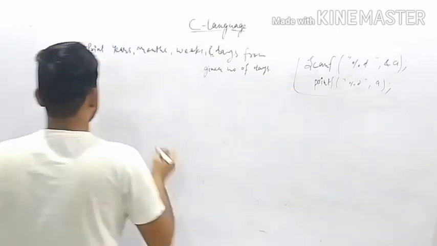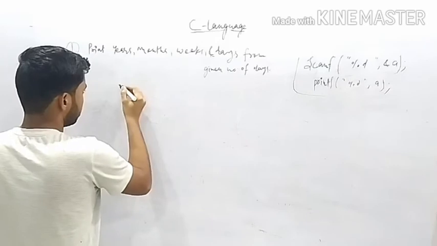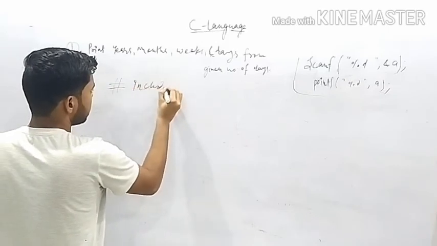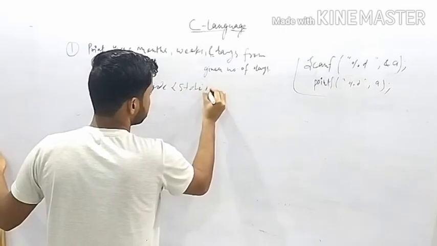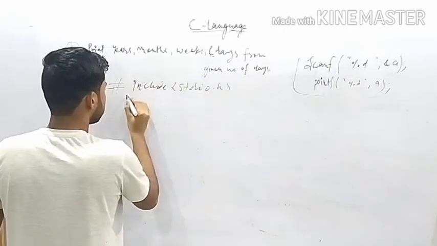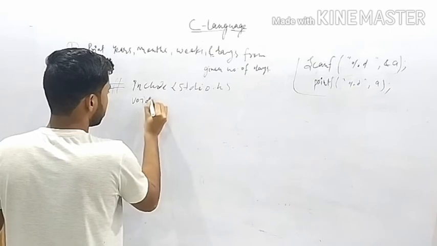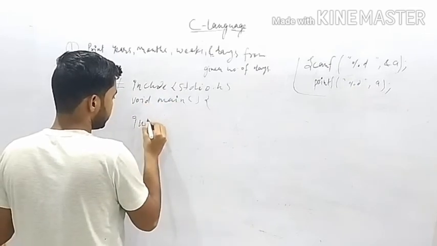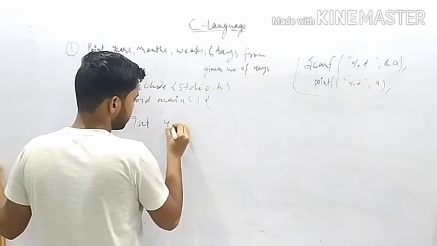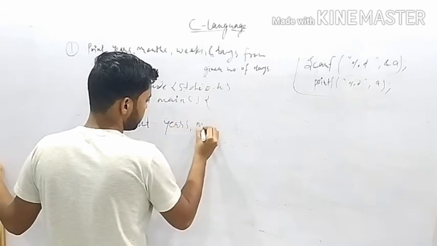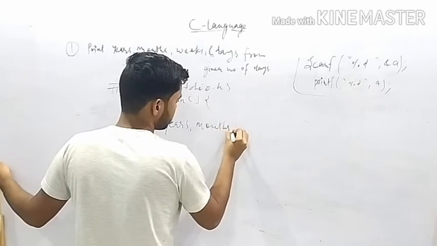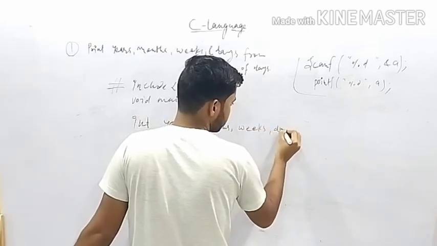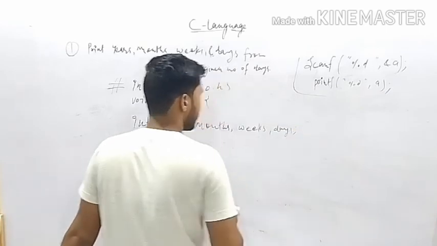Okay, so the same process: we will include our header file first, then start our main function void main. We'll take 4 variables, all integers. First will be years, months, weeks and days.